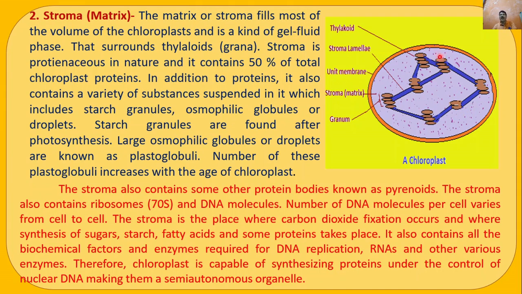This stroma is also known as a reaction center because it has different types of active enzymes present in it. As it contains its own DNA and ribosomes, they are actively involved in the process of protein synthesis, and so they are also known as a cell within a cell, or semi-autonomous organelles.